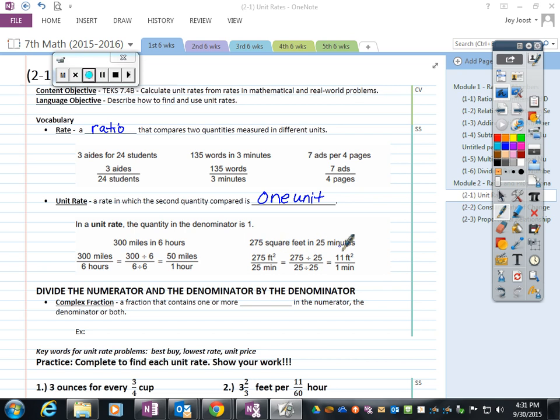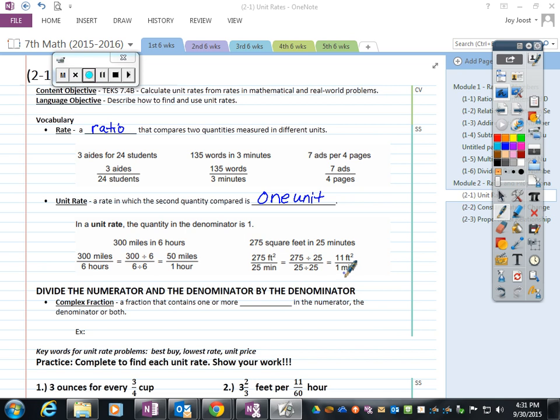275 square feet in 25 minutes. We write that as a ratio. We have our rate, a ratio, two quantities, different units. 275 feet squared in 25 minutes. If we multiply the numerator and the denominator by the denominator, 275 divided by 25 is 11 feet squared. 25 divided by 25 is 1 minute.